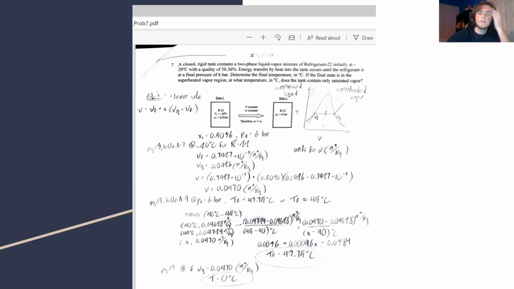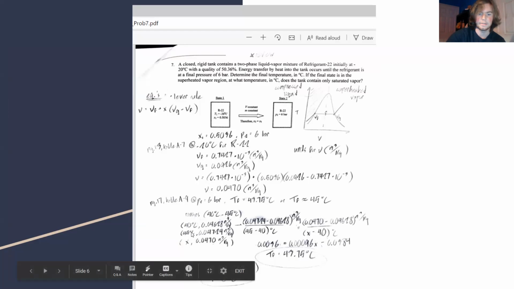So from that table, we take the values for 40 degrees Celsius and 45 degrees Celsius and use those specific volumes. We're going to find the temperature where the specific volume is 0.0470.